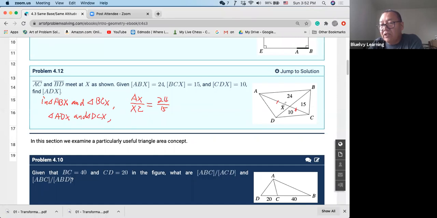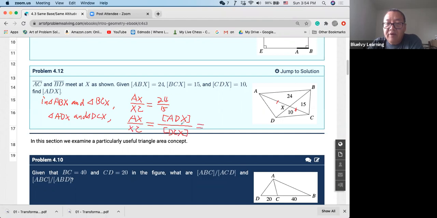From vertex D, draw a perpendicular line onto AC. That is the same altitude for these two triangles. So then we can get AX over XC also equals the area of ADX over the area of DCX.